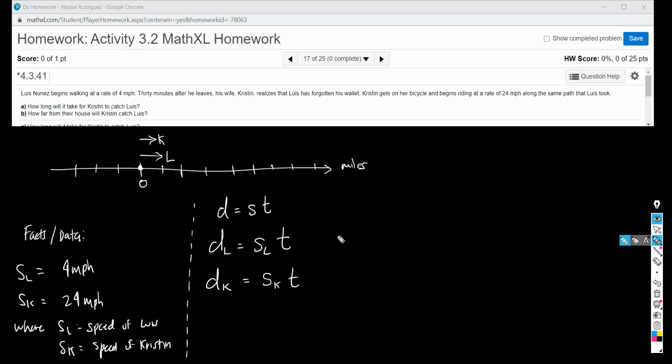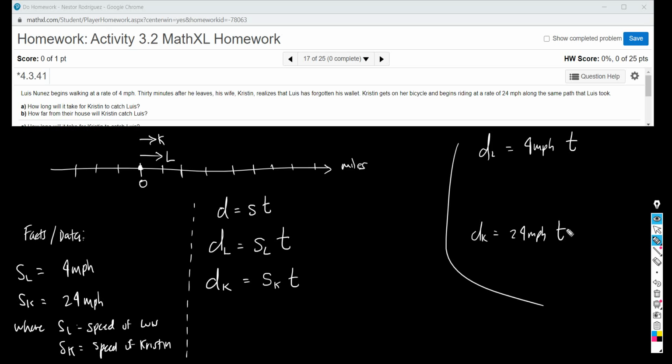Let's run a little experiment. What is the speed of Luis? 4 miles per hour. And the distance equation becomes 4 times t, and Christine's equation becomes 24 miles per hour times the time. And remember, t means the time that has passed since Luis started walking.